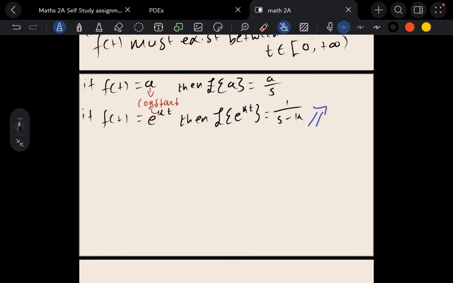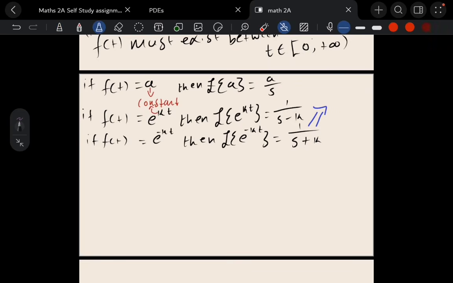Now if f of t is e to the power negative kt, then the Laplace transform of e to the power negative kt is 1 over s plus k. Do you see the difference? This one, k is greater than 0. Here, k is less than 0. Do you understand that?